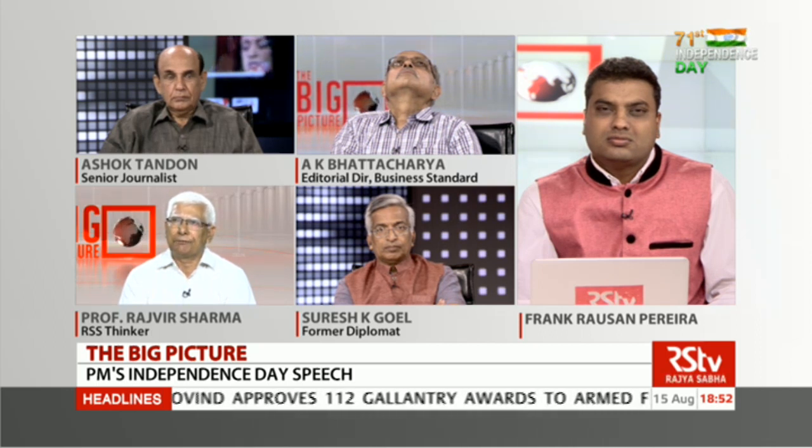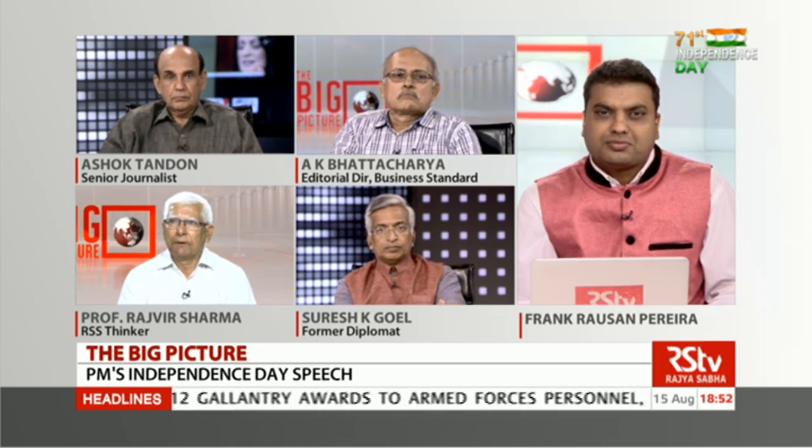This time he chose deliberately the domestic issues. For example, he referred to the problems of the farmers, and he said that by 2022 his government intends to double the income of the farmers, and therefore the questions of agrarian backwardness and agrarian poverty, he has tried to give some kind of a new interpretation.